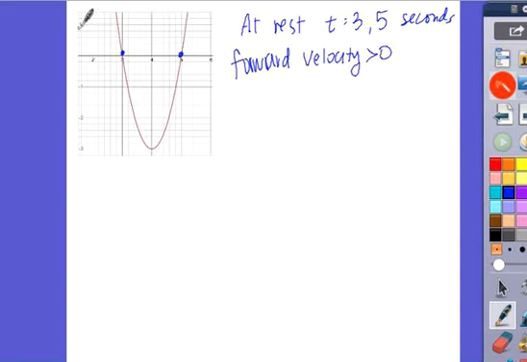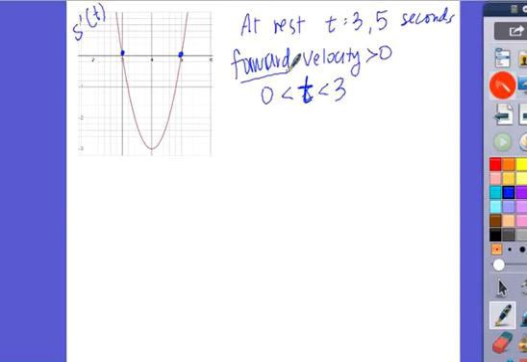Since this is my s prime of t, my velocity function, I want to see where the graph is above the x-axis, which will give me positive values. So this is going to be from 0 to 3, right? For velocity, it's moving forward, positive velocity.